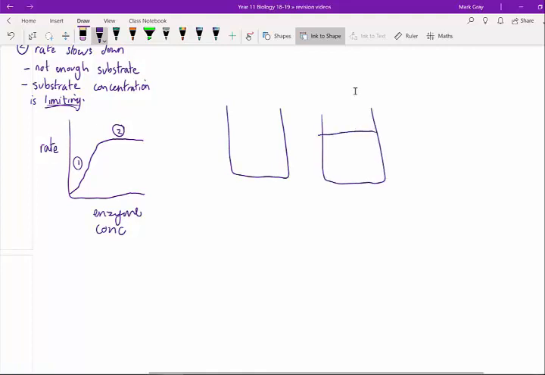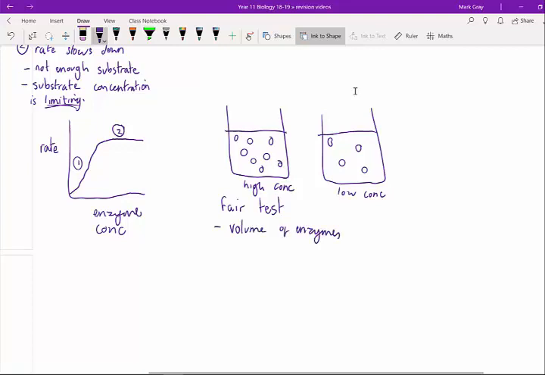Now, let's say we were doing a little experiment where we were measuring enzyme concentration and the effect it had on the rate of reaction. How would we make sure it's a fair test? As I said before, we might be using different concentrations. So this would be a high concentration. This would be a low concentration. So what sort of things would we need to keep the same to make it a fair test? We would need to use the same volume of enzymes. We would need to keep the pH the same.